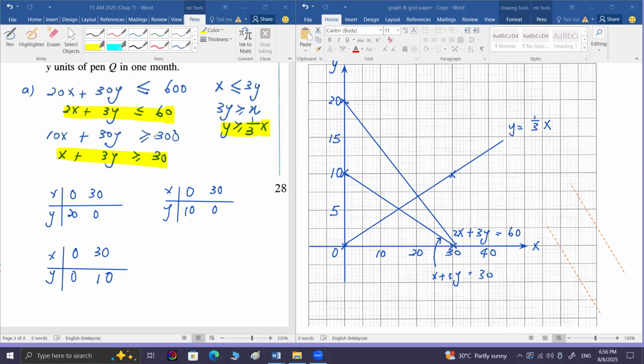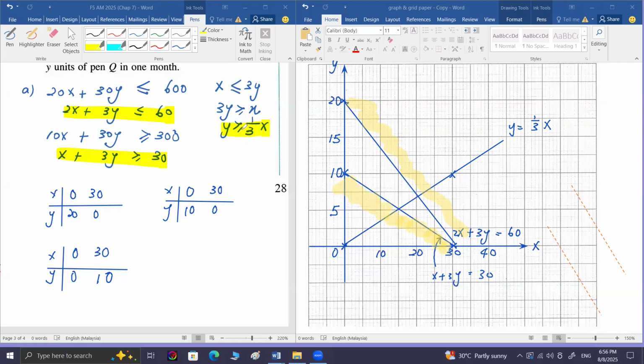Okay, same as just now, class. I shade the unwanted region first, yeah? First, we see this one, smaller than 60, down, so this one out. Second one, also smaller than, wait, up. This one is greater, sorry. This line is greater, so down is out.